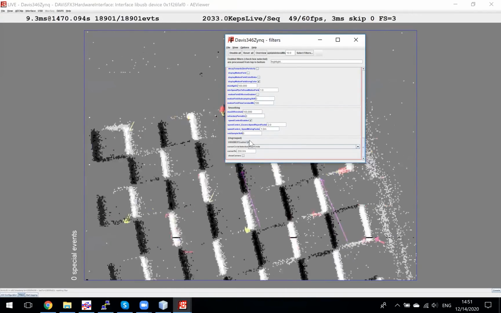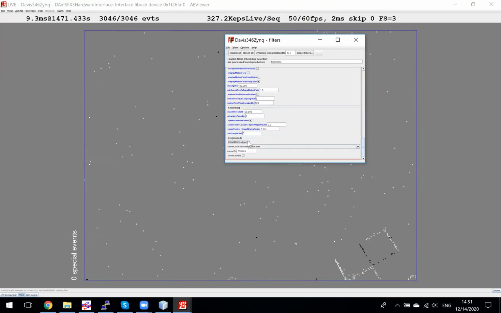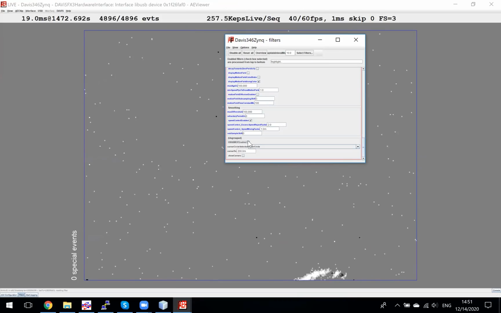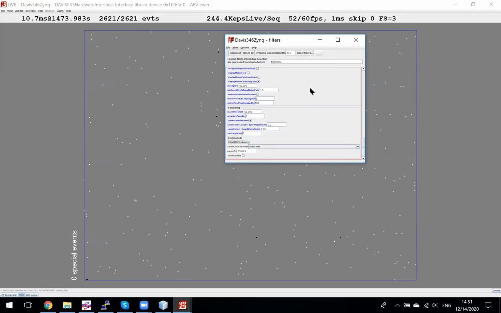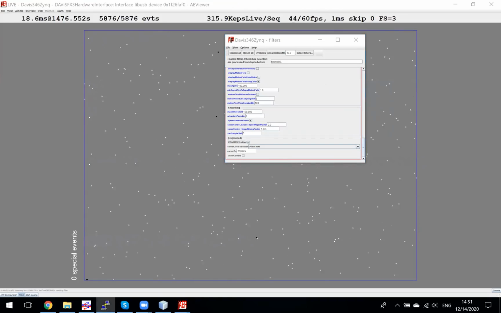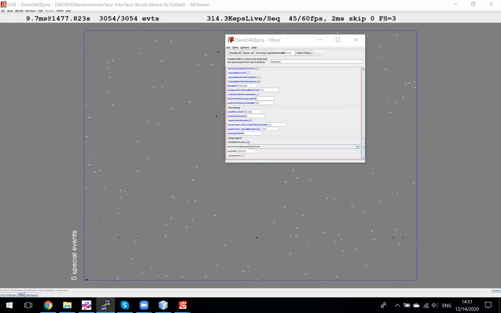Also, another thing I want to show you is that there's one thing to configure this camera. Currently, if you type H, it will show play mode and change play mode.